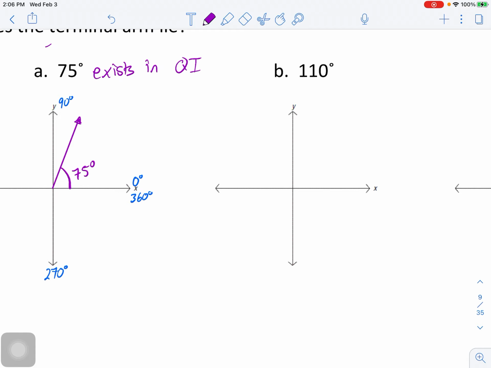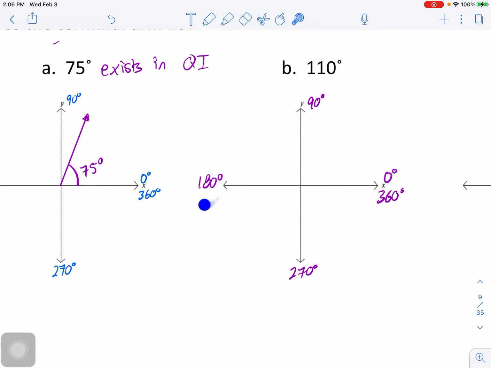Let's look at 110. So again, right off the bat, I'm going to list all of my relatively important angles. And now 110, well, that falls between 90 and 180, and it's only 10 degrees off 90 degrees. So clearly, if I were to draw this standard angle, it's going to look something like this, where we're pretty close to 90 degrees.